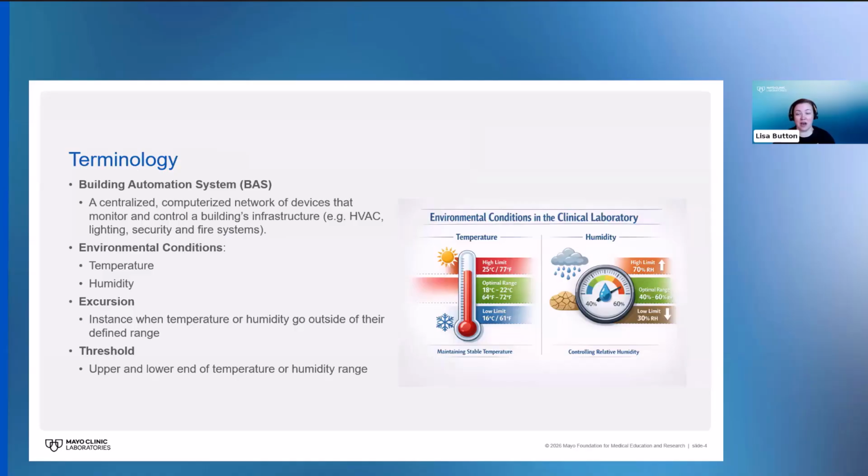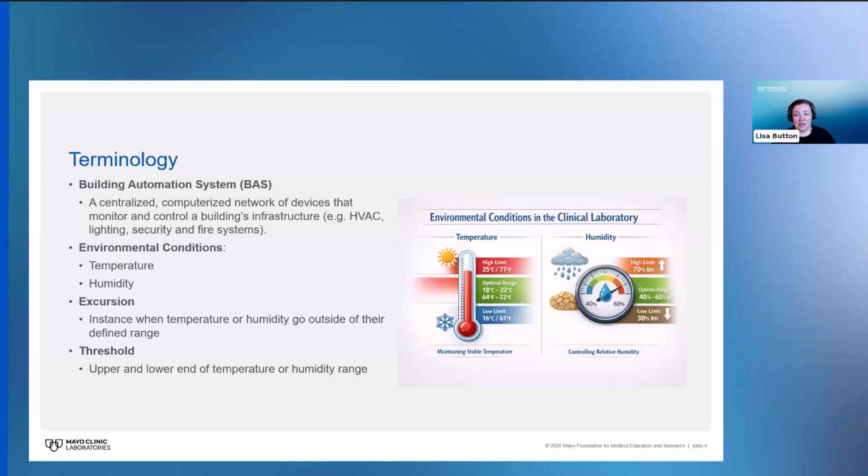If I say building automation system, or if you see BAS on one of the slides, you'll know that that is referring to a centralized computerized network of devices that monitor and control a building's infrastructure. Oftentimes, this is a system that's controlled by your facilities team at your hospital or laboratory.